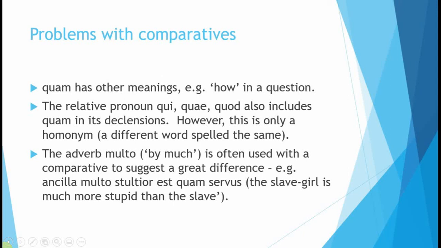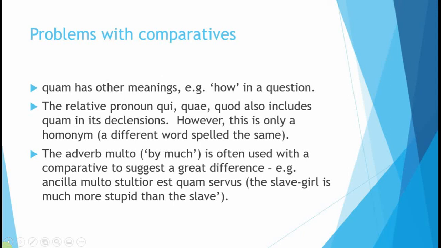One last thing that you should be aware of is the adverb multo, which means "by much". It's probably easy for you to just recognise that when it's used with a comparative, it just means "much".